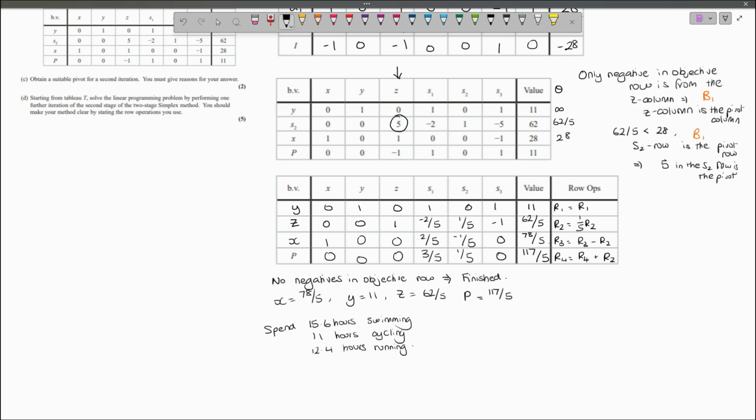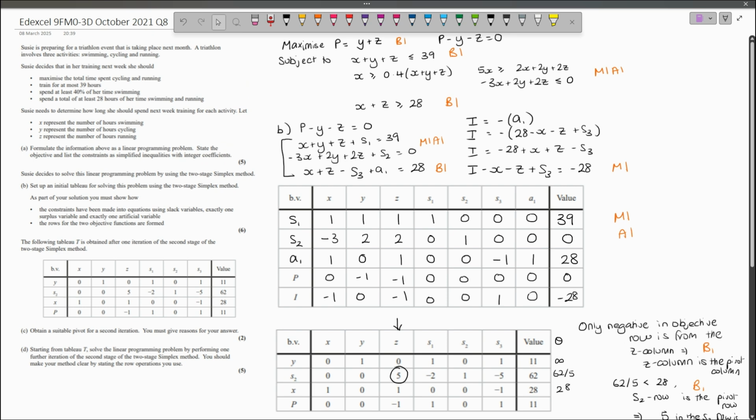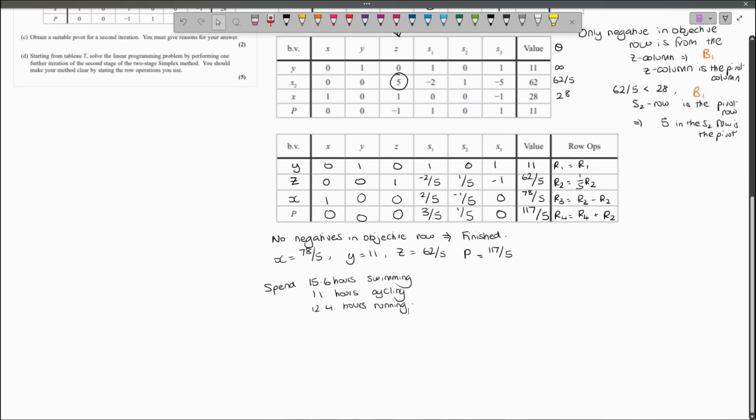So all of our slack and surplus variables are equal to 0. And we've maximised the amount of time spent cycling and running, which is what the question wanted. So we've essentially minimised the time swimming, which is exactly 40% of that 39 hours in total, which is excellent news.